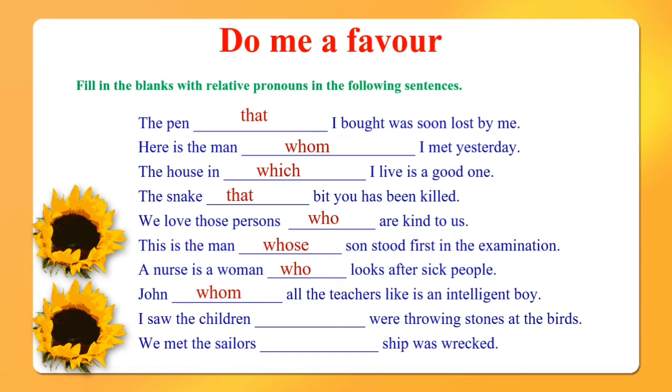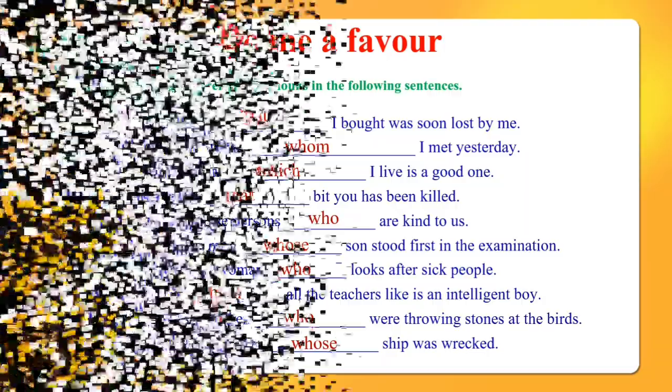John, whom all the teachers like, is an intelligent boy. I saw the children who were throwing stones at the birds. We met the sailors whose ship was wrecked. This is the question for you. You can note it and get in practice.